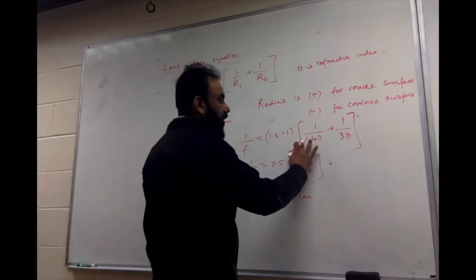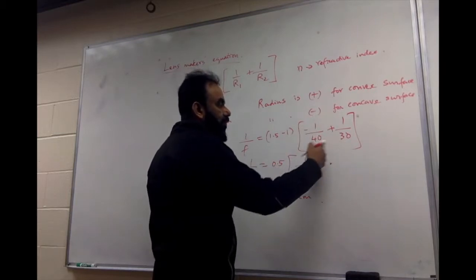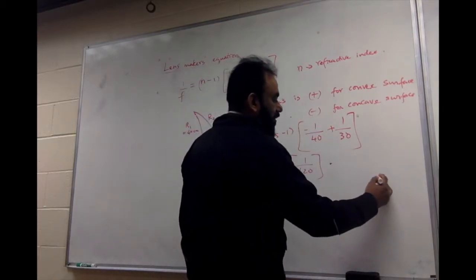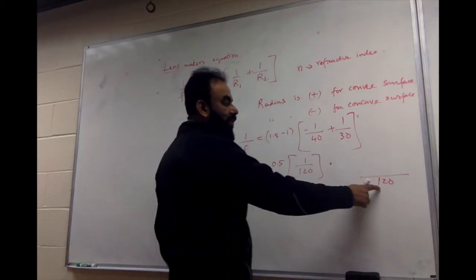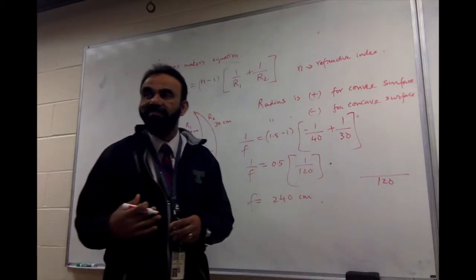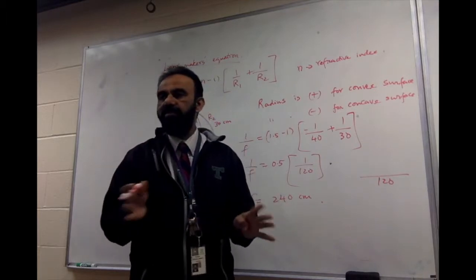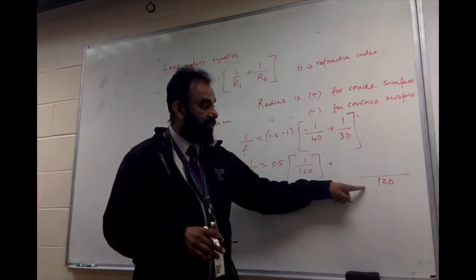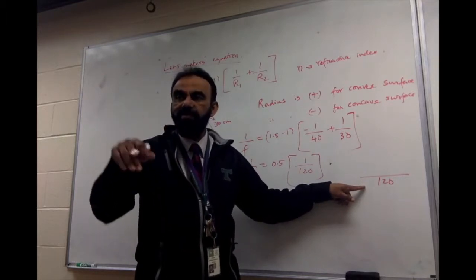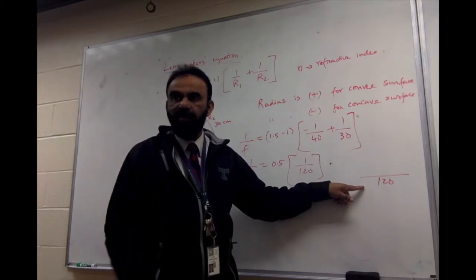If I have to do this one, 40 and 30, what is the least common multiple? It's 120. 40 goes how many times in 120? This is the method I have learned. There are many methods, but this is a very safe method. Even if there are variables, you proceed the exact same way, much easier.